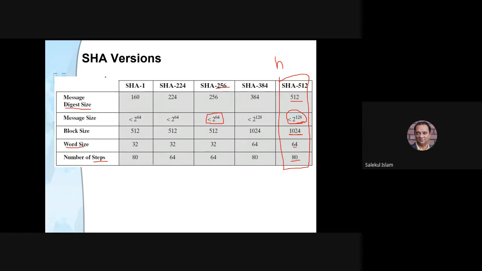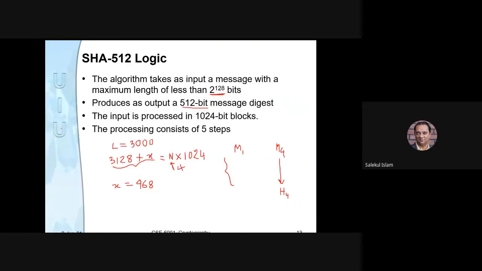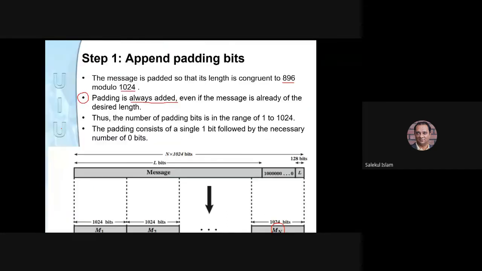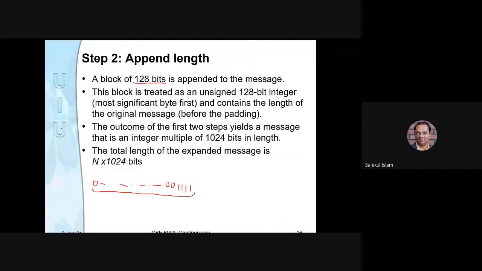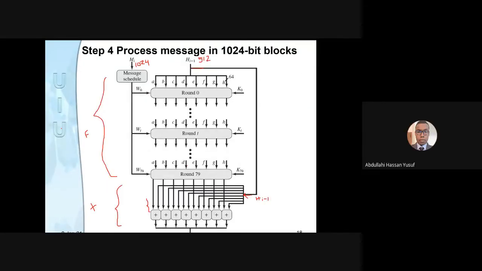Word size means the length of the register. We have 8 registers and the length of each register is 64 bits. So word size refers to that size. Now, if we go back there, any question? So how about the number of steps?